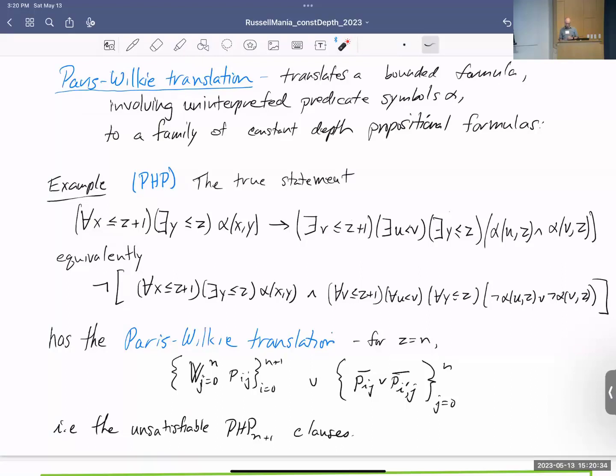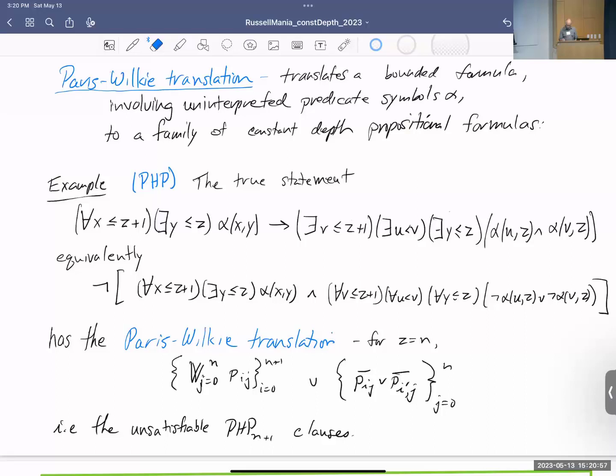So let's rewrite this. That's A implies B, so let's write that as A and not B. And so here I've got the function is total, and the function does not have collisions, written in a for all exists, for all form. And then the Paris-Wilkie translation is just the clauses that say what we had before.